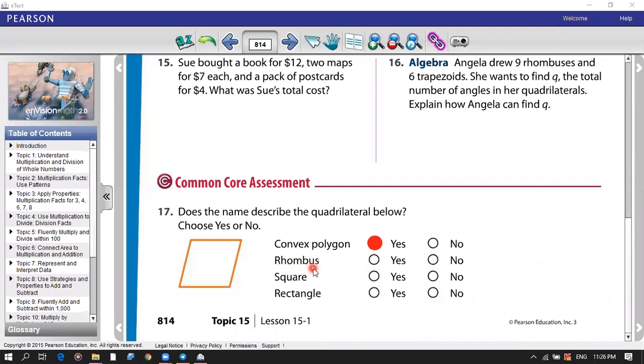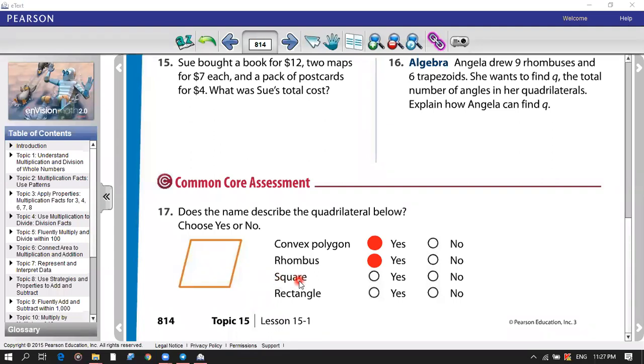Rhombus. Is this shape a rhombus? We said that the rhombus has two pairs of parallel sides and all of its sides are equal. So yes, this shape is a rhombus. Square.